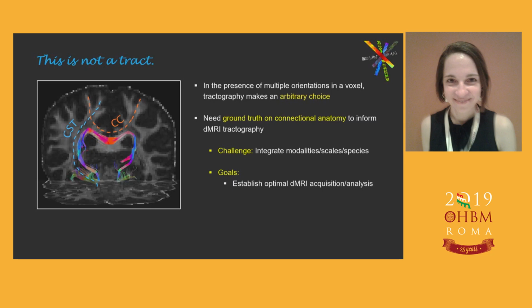However, it is important to try to tackle these challenges because doing so would allow us to establish optimal diffusion MRI acquisition and analysis techniques by having an objective criterion for accuracy, and it would allow us to identify realistic failure modes as opposed to the cartoon kissing and crossing fibers that I showed you in the previous slide. And having these realistic failure modes would give us ideas about how we can improve our current tractography methods.